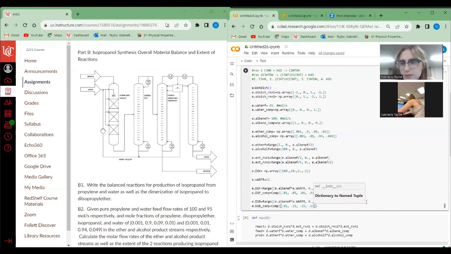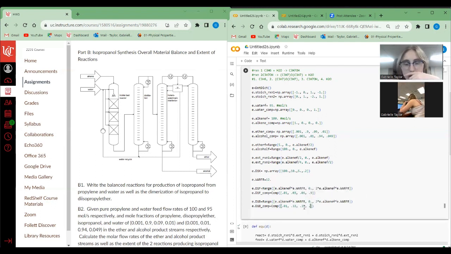So let's change these numbers. Let's make our propylene really low, our ether really low, and our alcohol really low, because these are going to be filtered and go through the azeotropic distillation. The majority of it should be water.